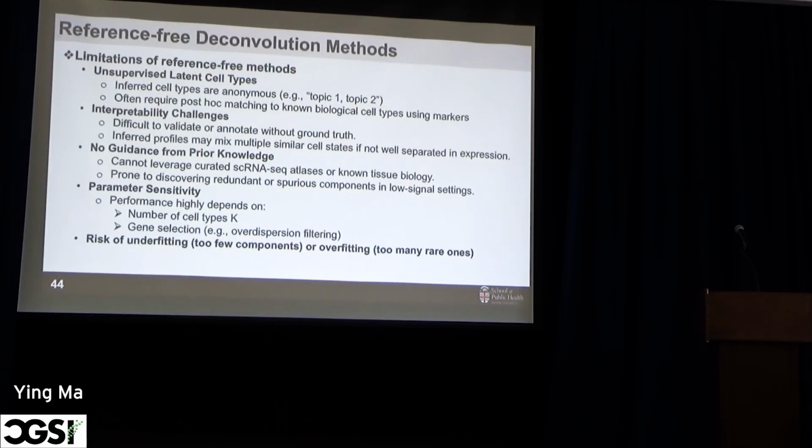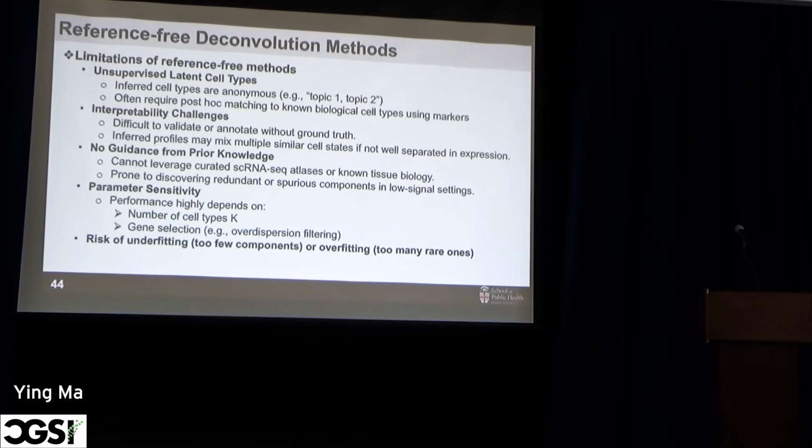So there are also limitations for the reference-free method. First, it purely relies on unsupervised latent cell types. What cell types you infer can only be like topic 1, topic 2, which are unannotated. We still don't know whether topic 1 represents cancer clone 1 or topic 2 represents cancer clone 2.